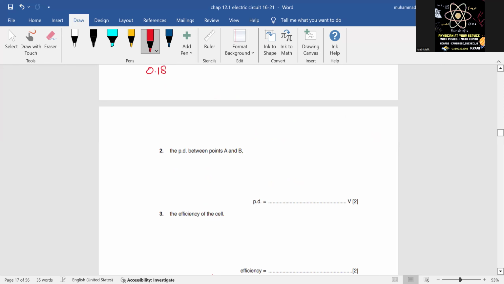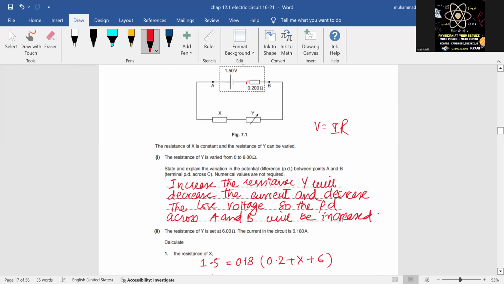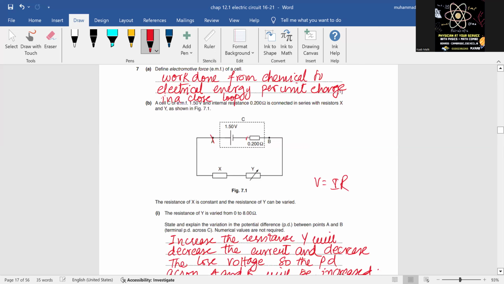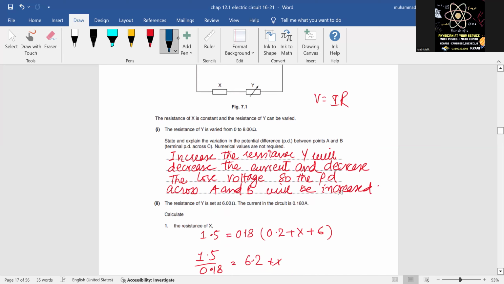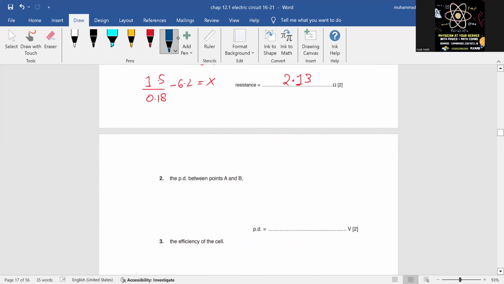The PD across points A and B. What will we do at this point? You can use the ratio method, by the way. You know that the voltage, which is 1.5, is the total voltage drop across the total resistance, which is 2.13 plus 6 plus 0.2.